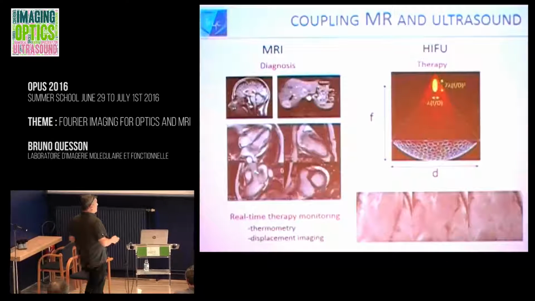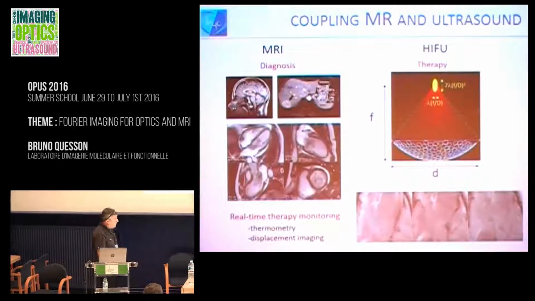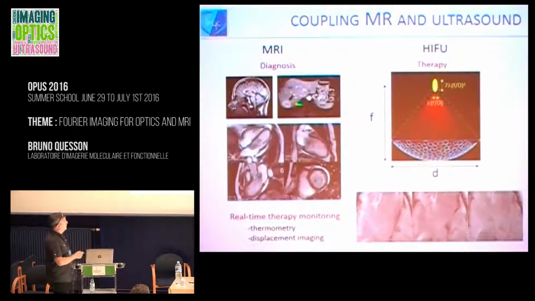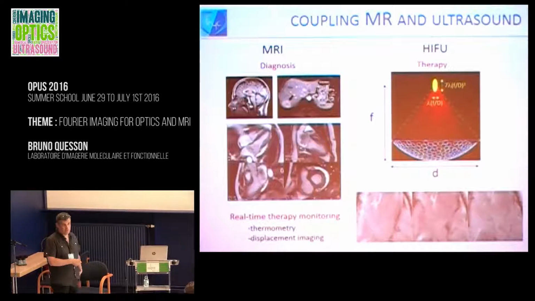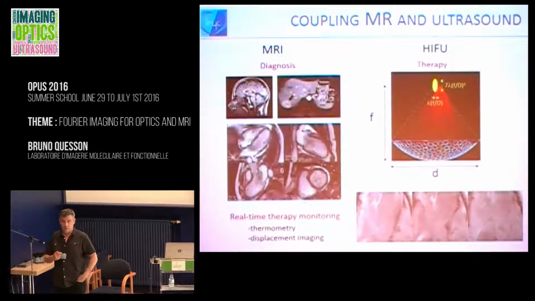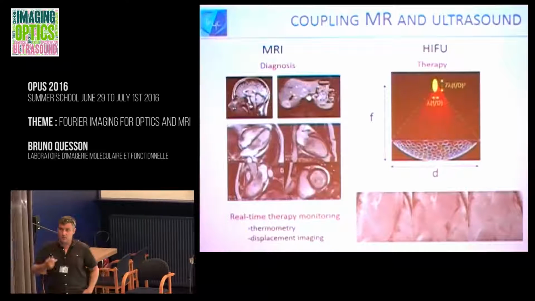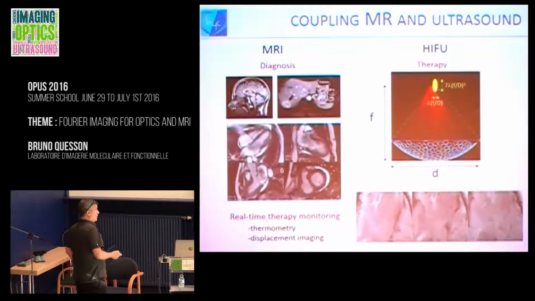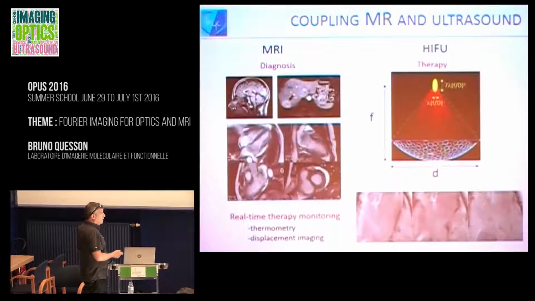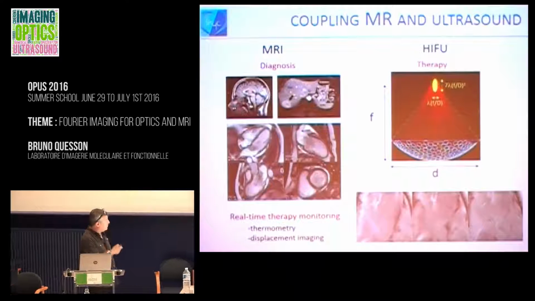Okay, so you can do all these kinds of images, and what I'm working on is really coupling MRI, because you can have excellent image quality, with therapeutic ultrasound. I'm not doing ultrasound imaging, but I'm sending a lot of power to try to increase the temperature inside my patient. What we are using is an array of transducers.